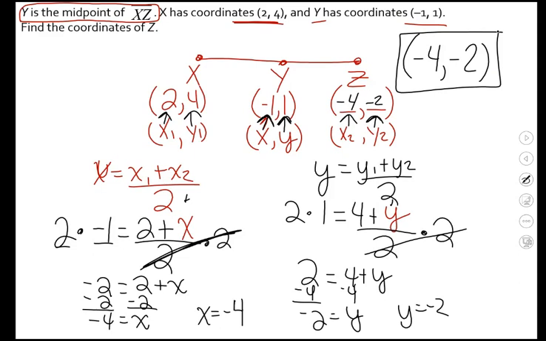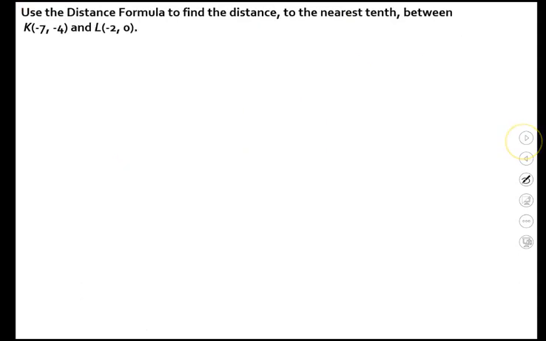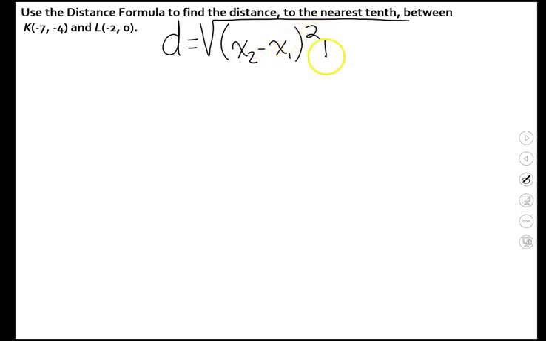All right. Next, let's go over the distance formula. Very simple. Everybody seems to be doing great with this as well. I'm very proud of that. Distance equals the square root of x2 minus x1 squared plus y2 minus y1 squared. Good thing about formulas, everything's given to you. You just plug it in.